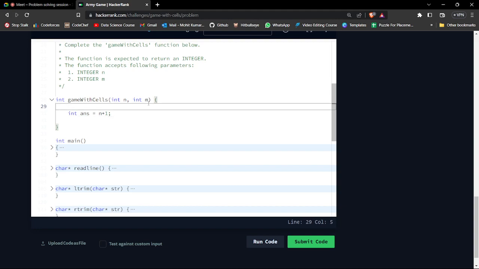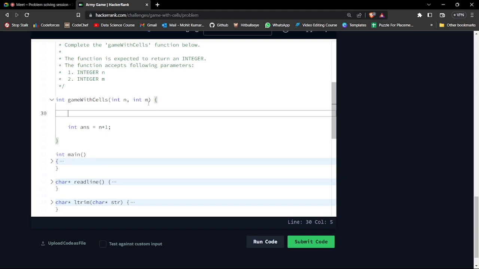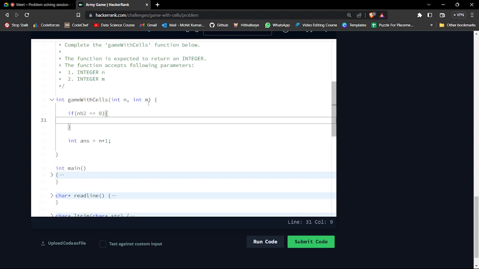For that, what we need to check is if n modulus 2 is equal to 0, then in that case n is even. And if n is even, what I'll be doing is initializing a new value, that is a, and in this case I'll be calculating the value of a, right?